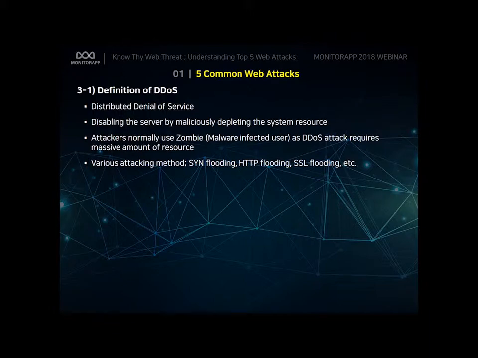There are a variety of attacking techniques, such as the HTTP flooding attack, which transmits a large amount of HTTP requests, the SYN flooding attack, sending a large amount of SYN packets used in session connection, and even occupying all the network lines by using massive network sessions. However, since DDoS requires a large number of requests to perform the attack, normally it uses zombie PCs.